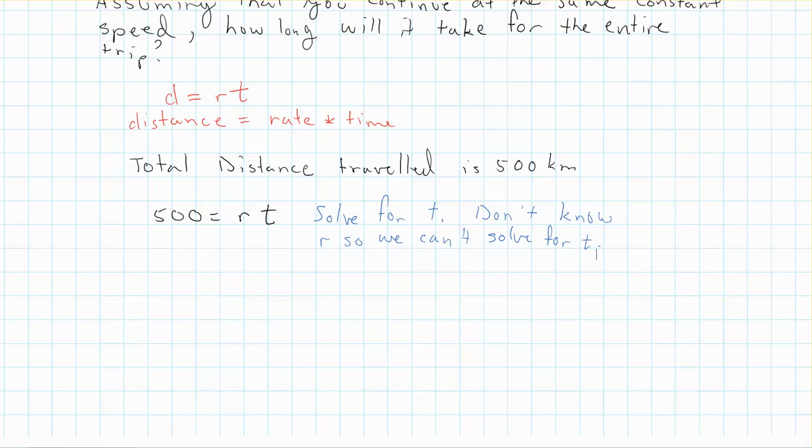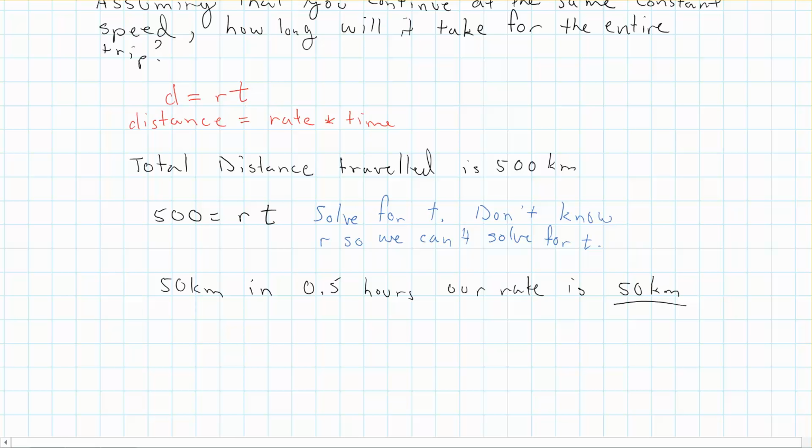If I have traveled 50 kilometers, and instead of saying 30 minutes I say 0.5 hours, our rate is 50 kilometers divided by 0.5 hours, which is 100 kilometers per hour.